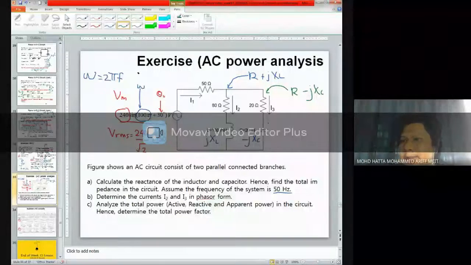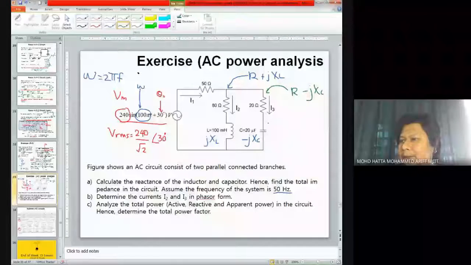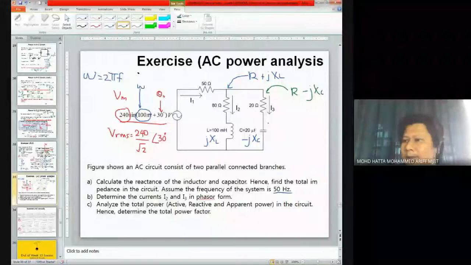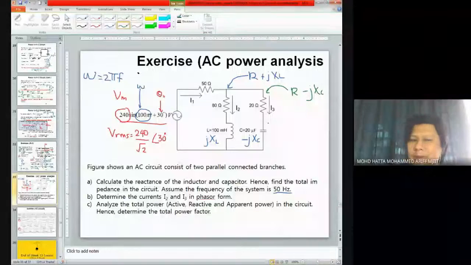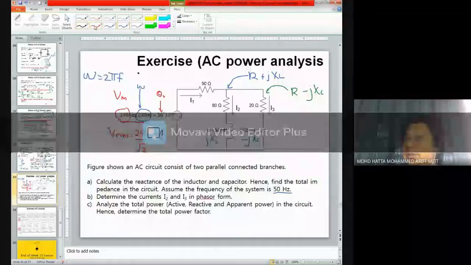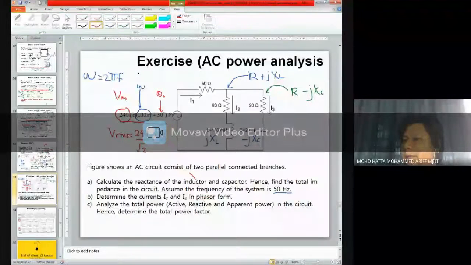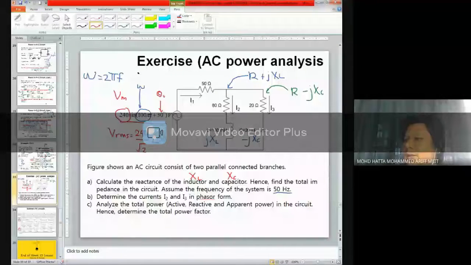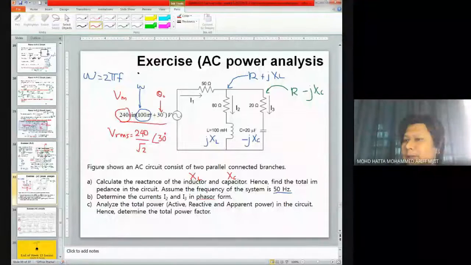So we get into the question in detail. Here it says the figure shows an AC circuit consisting of two parallel connected branches. Calculate the reactance of the inductor and capacitor, so you need to calculate XL and XC, and hence find the total impedance in the circuit.